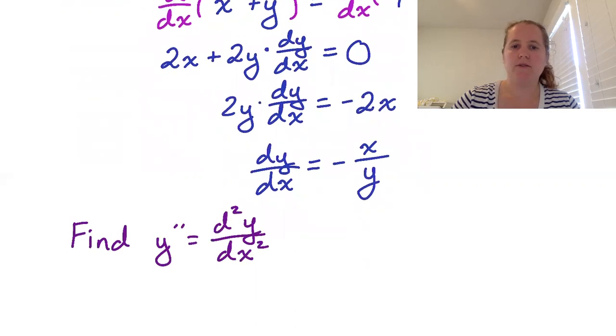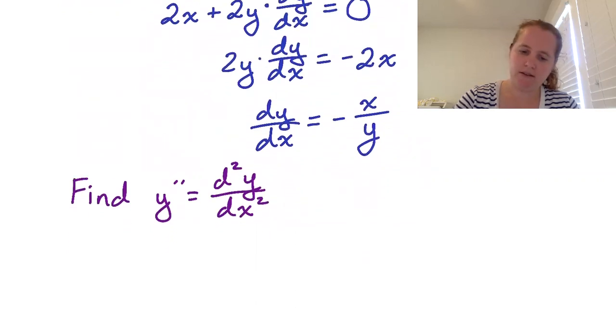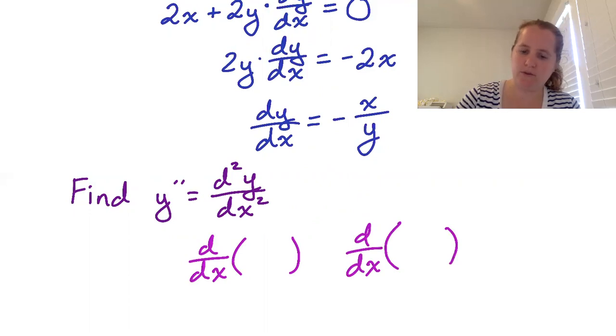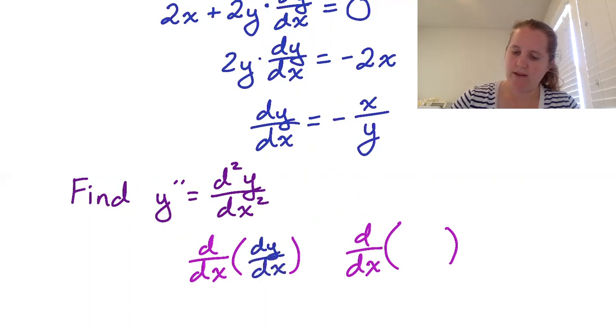So we're going to differentiate again. So we take the derivative with respect to x of dy dx, and then on the right, the derivative with respect to x of our negative x over y.